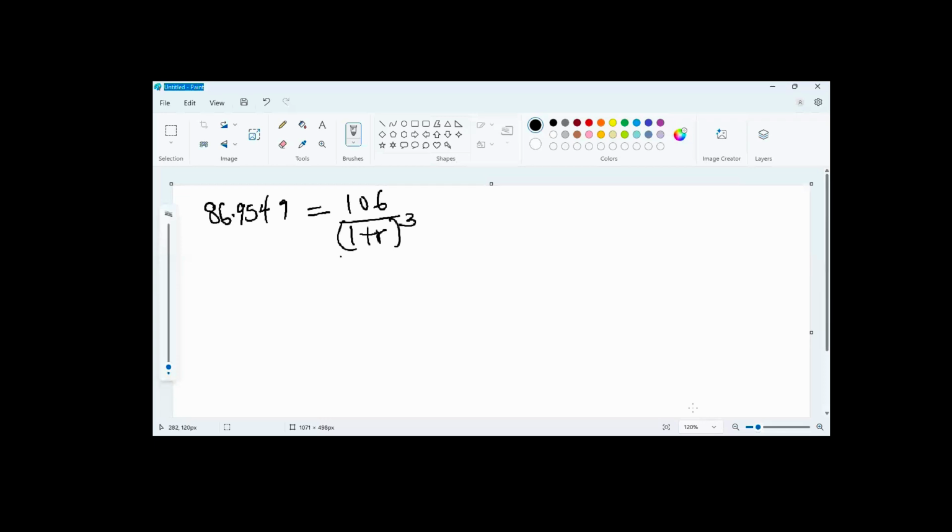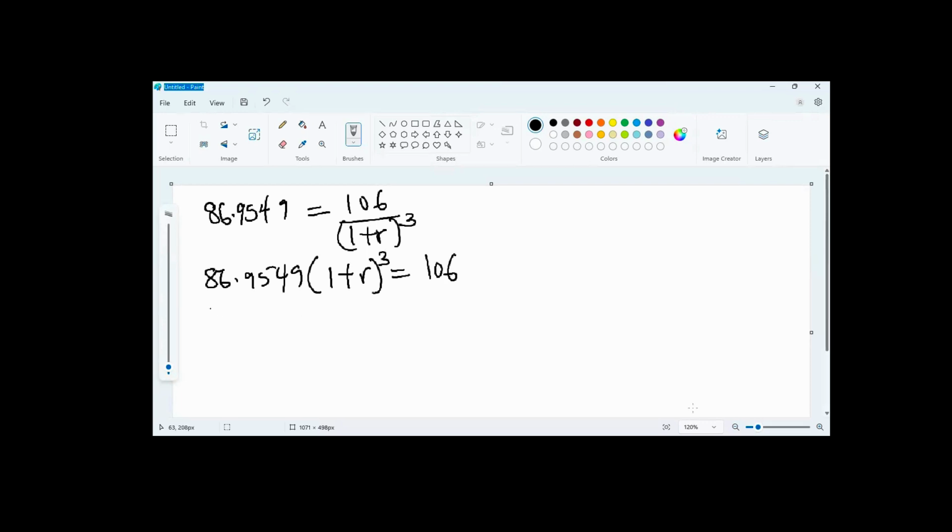I will cross multiply. That will give me 86.9549 into bracket 1 plus R raised to power 3 is equal to 106.